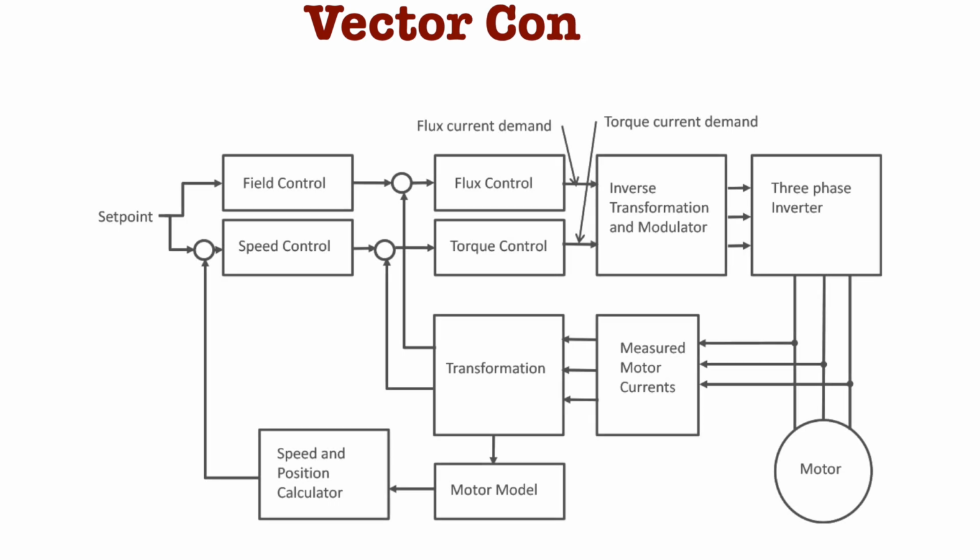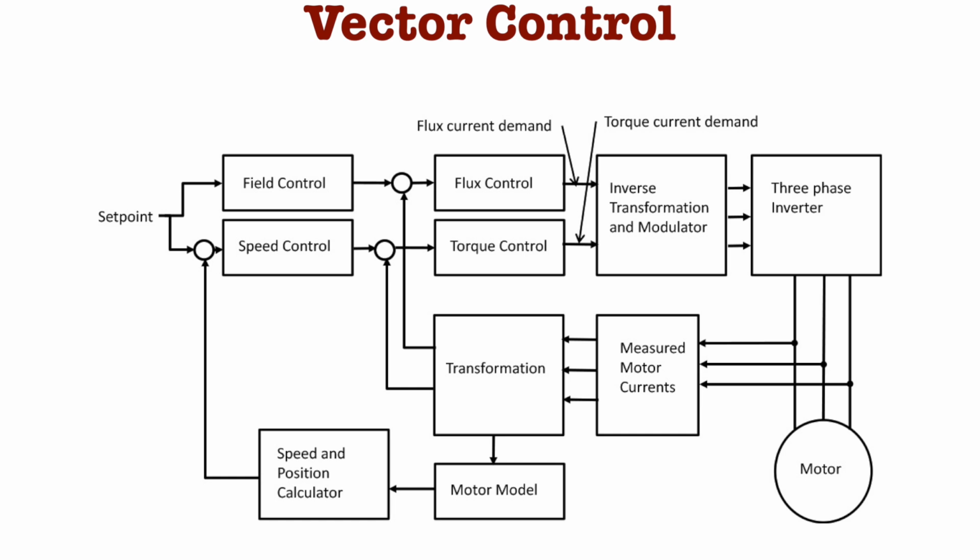Let's start with the vector control. The vector control method allows us precise management of the motor's magnetic fields, which is important for applications that require exact speed and torque adjustments, such as in automated assembly lines or in vehicles.